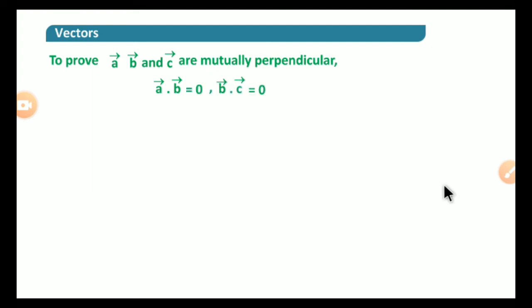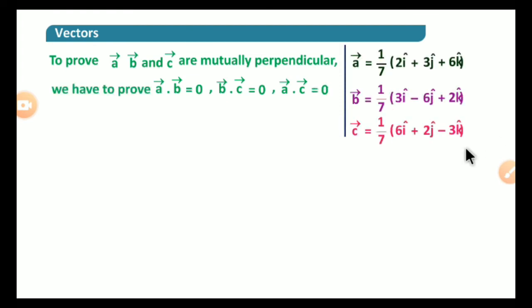So now we consider A dot C here, or C dot A. 1 by 7 we have to multiply to all the terms within the bracket, so that becomes 6 by 7 i plus 2 by 7 j minus 3 by 7 k, and it is dot product with vector A, that is 2 by 7 i plus 3 by 7 j plus 6 by 7 k.